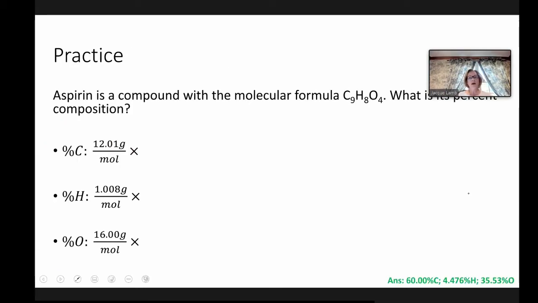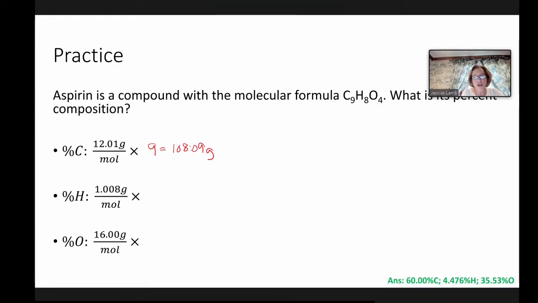Here's another practice problem. Aspirin is a compound with a molecular formula of C9H8O4. What is its mass percent? We start with the mass of carbon: 12.01 grams times 9 is equal to 108.09 grams.